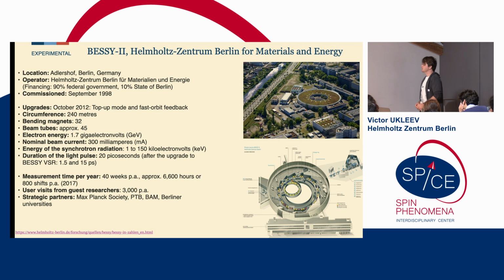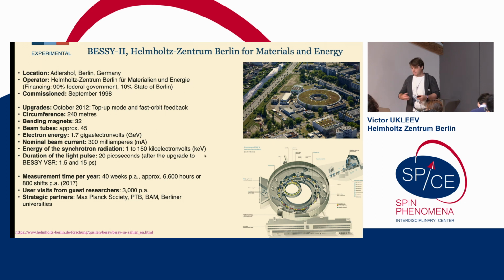So then turning to the instrument side, now I work at BESSY II Synchrotron. It's located in Adlershof in Berlin and belongs to Helmholtz Zentrum Berlin. So it's a rather old facility. It was commissioned in 1998, and it's facing a minor upgrade soon. It has a circumference of 240 meters that allows accelerating electrons inside the ring to an energy of 1.7 gigaelectron volts with a nominal current of 300 milliamps.